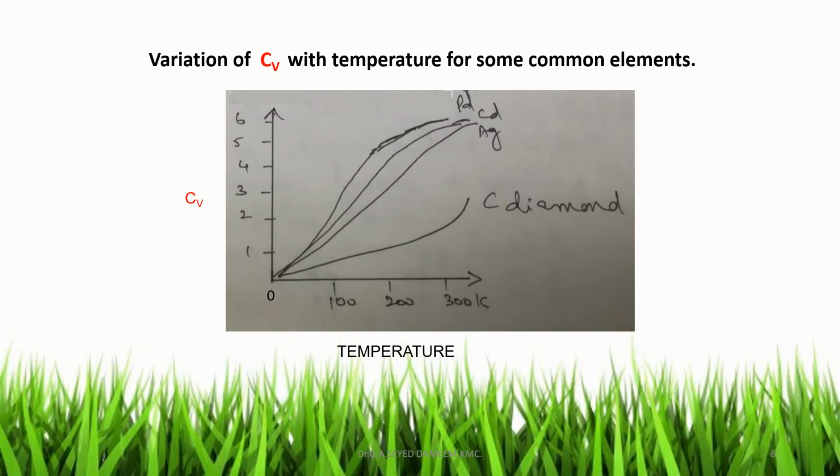But carbon diamond is the exceptional case. For most of the elements, the value is around 6 calories at room temperature or at around 298 Kelvin. That is the variation of heat capacity with temperature.